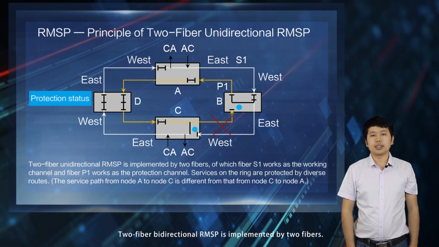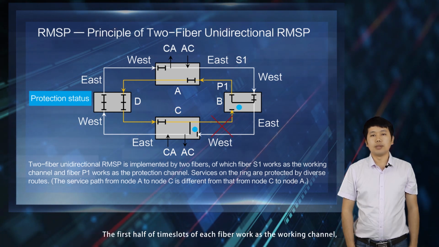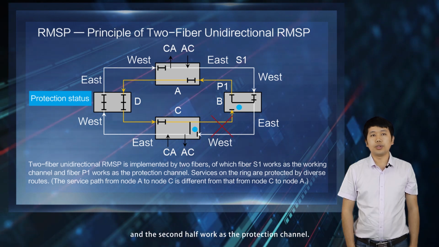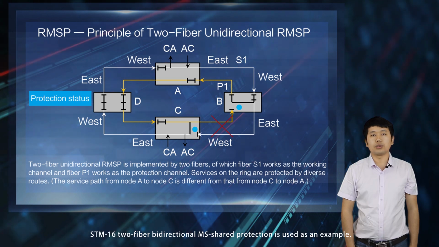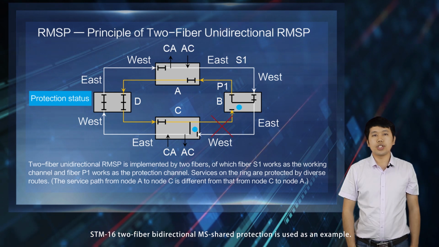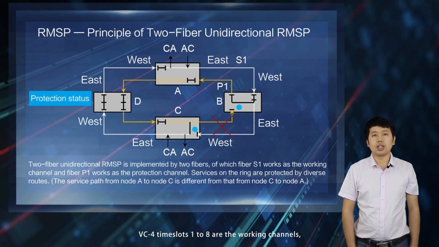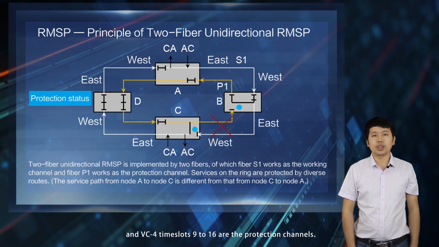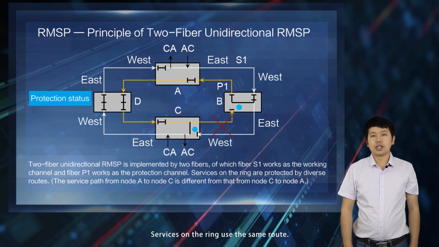Two-fiber bidirectional RMSP is implemented by two fibers. The first half of time slots of each fiber work as the working channel, and the second half work as the protection channel. STM16 two-fiber bidirectional MS shared protection is used as an example. VC4 time slots 1 to 8 are the working channels, and VC4 time slots 9 to 16 are the protection channels. Services on the ring use the same route.